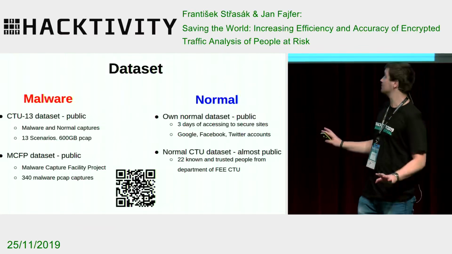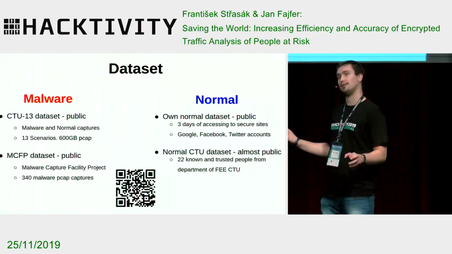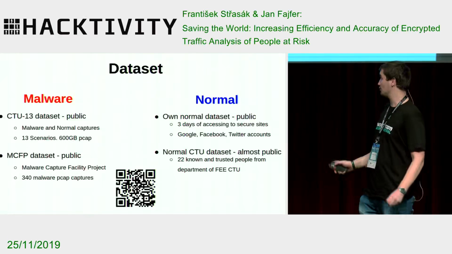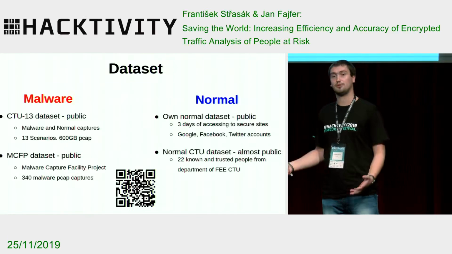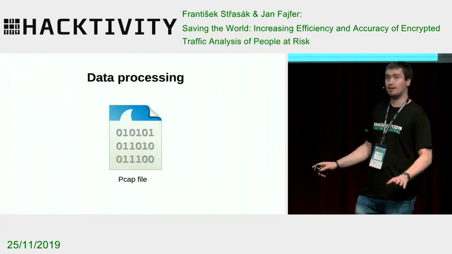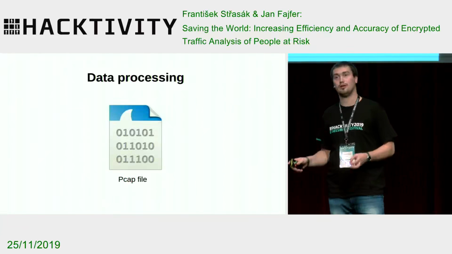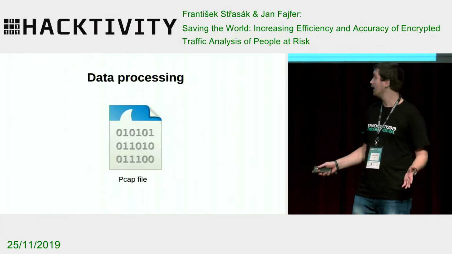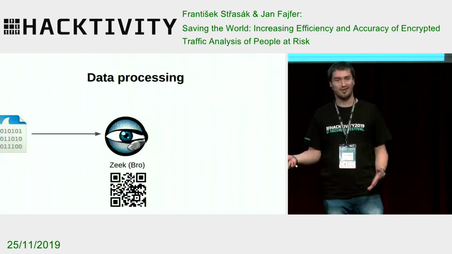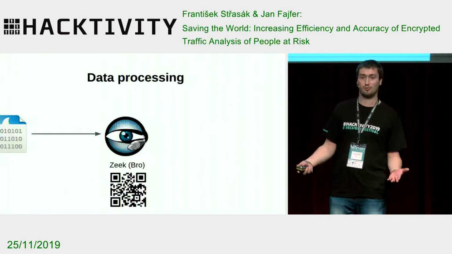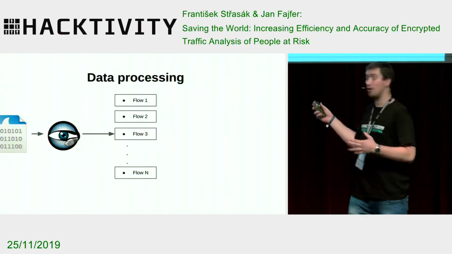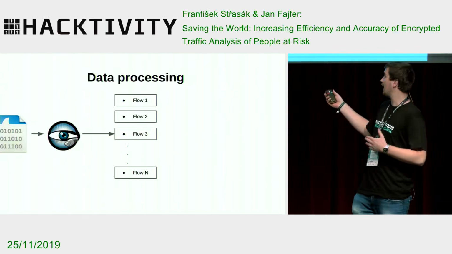So after capturing and analyzing data, we had enough data to train, so we could start with extracting features and training. In the beginning, each capture has a pcap file with the packets, and we used the Zeek or Bro program to generate flows from those packets.